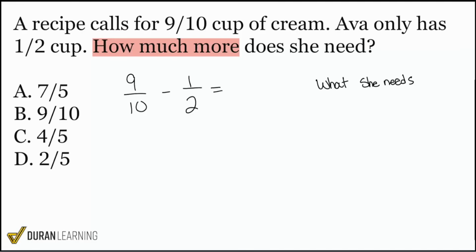So what she needs is right there. So now all that's left to do is just go ahead and subtract. To be careful about it, just remember, everybody, we want to make sure we have the same denominator, and we don't have that yet. So because we don't, we'll need to get that. To get the same denominator, we'll ask ourselves, hey, does the smaller number go into the bigger number?